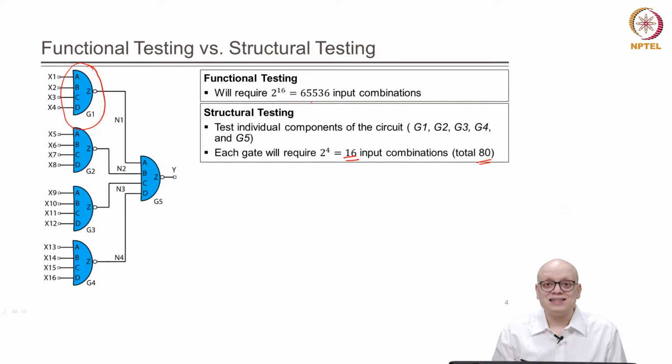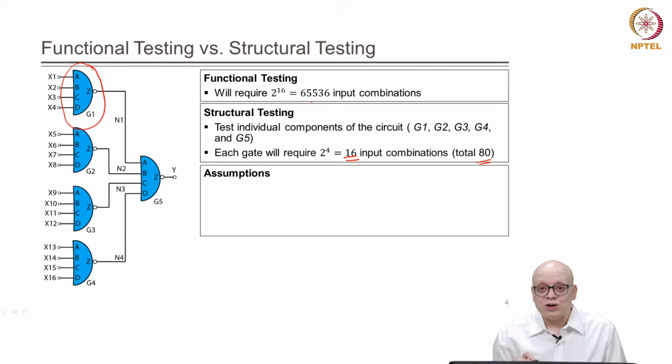So, in that sense, structural testing is very efficient. It requires a very small number of test patterns, but there are certain assumptions involved here. And what are those assumptions? For carrying out structural testing, we need to observe the output pins of all the components.